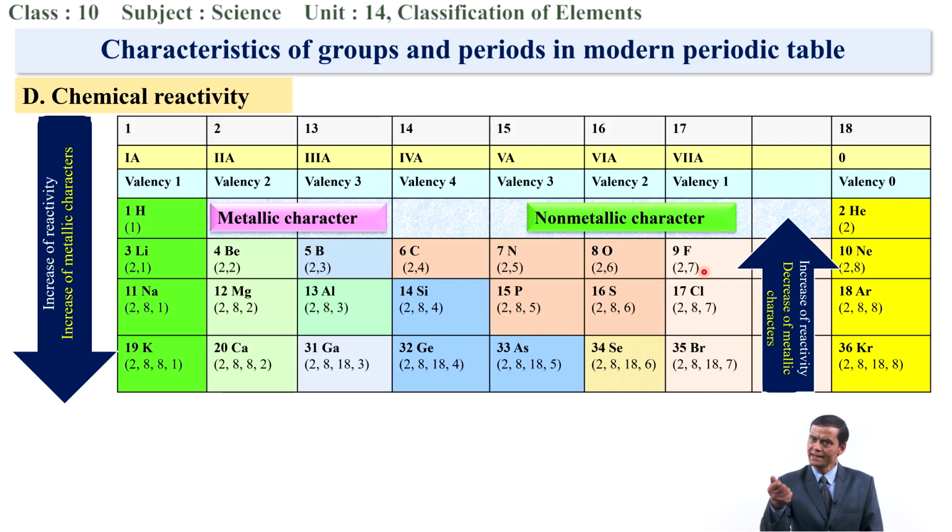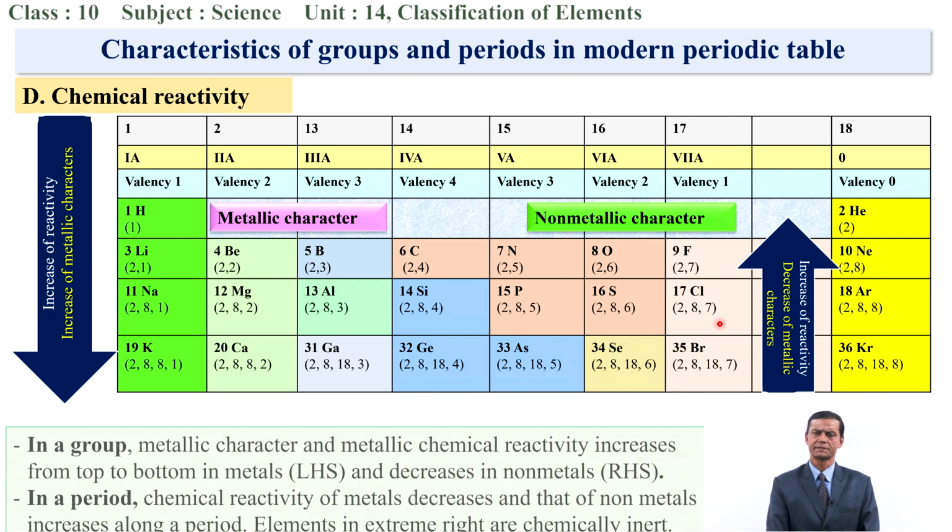Fluorine gains 1 electron more quickly than chlorine because the atomic size of fluorine is smaller than that of chlorine, which you have seen here in the electronic configuration, isn't it? Fluorine has 2 orbits, chlorine has 3 orbits. Yes, this is the trend of chemical reactivity of the elements.